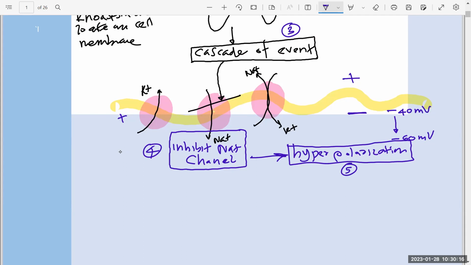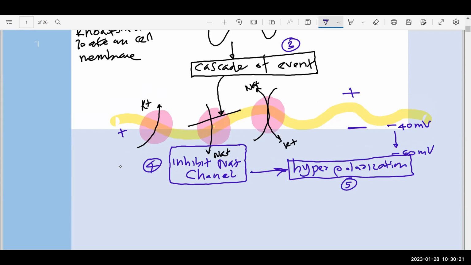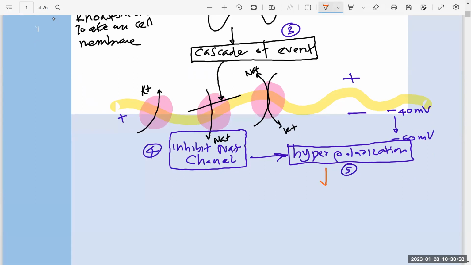Okay, so we are coming to the next level then. In the next level, you can find the hyperpolarization causes a generator potential.